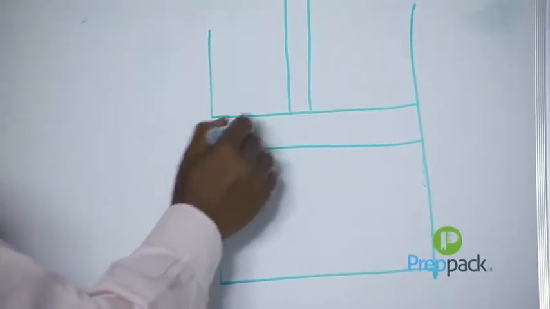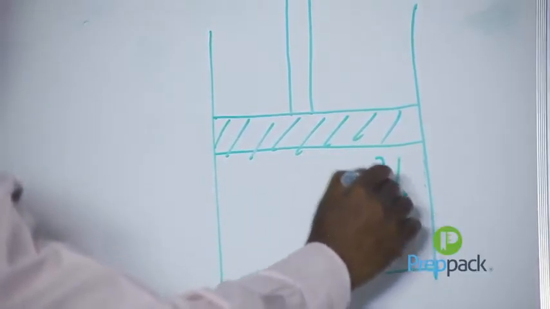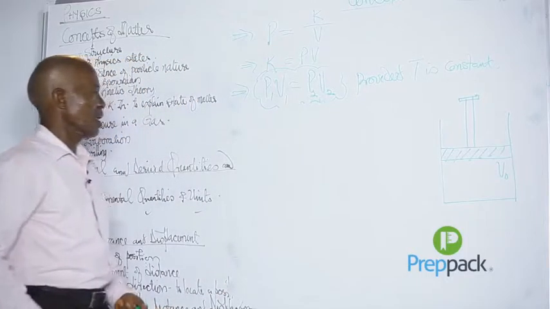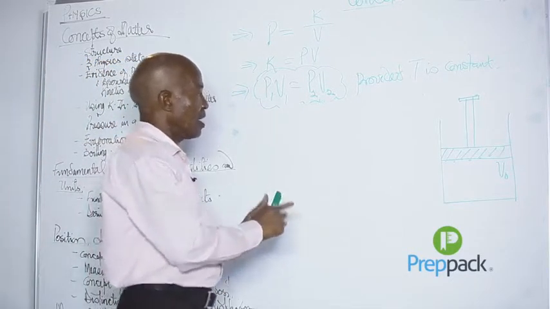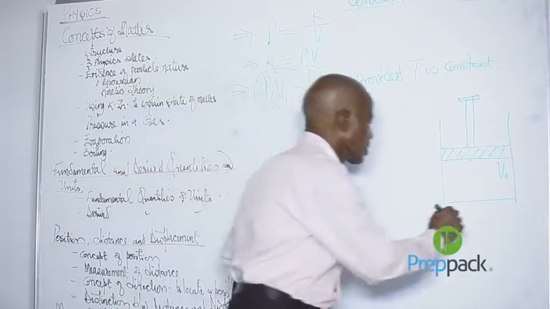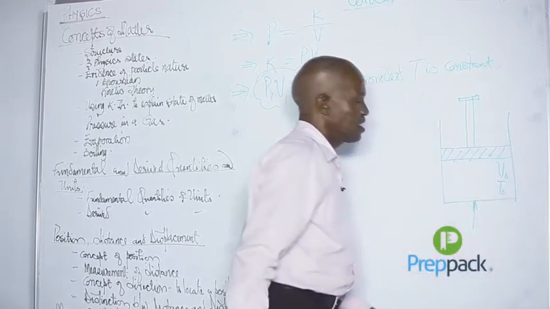That is the plunger, and this is the piston. And volume V0 is originally assigned into the container, and heat is then applied at T0.